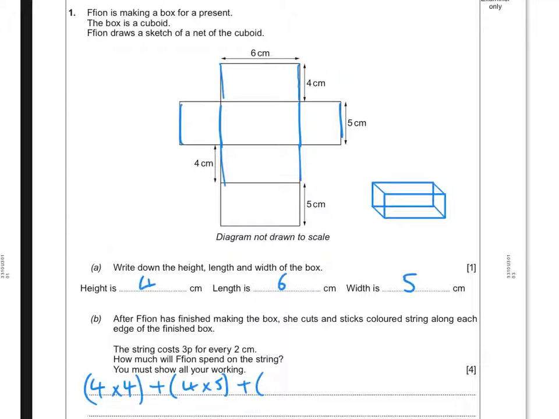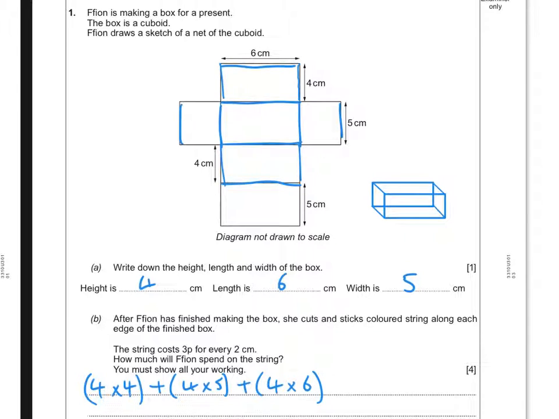And I have 4 6s, which are 1, 2, 3, 4. Now you may notice why I haven't included this side, this side, this side and this side. Well, when they fold together, they create these edges here, so I'd be double counting if I did that, so I'm not going to do that.